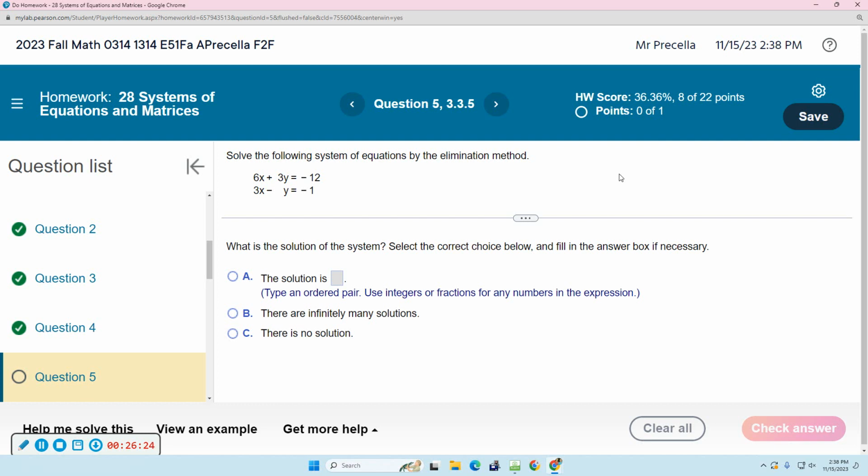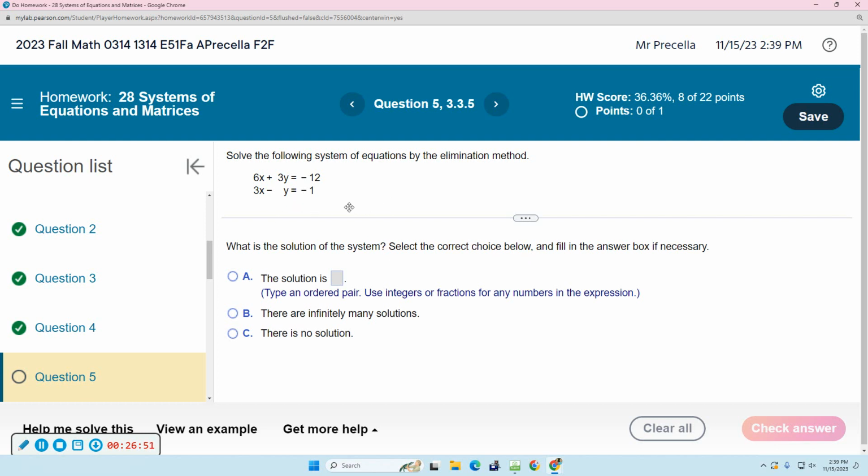It looks like we get a 9x and a 2y. So you need the same coefficient but opposite sign. Hey, we have the opposite sign on the y. We have a positive and a negative, so we're halfway there. At least we have opposite signs, but we need the same number.